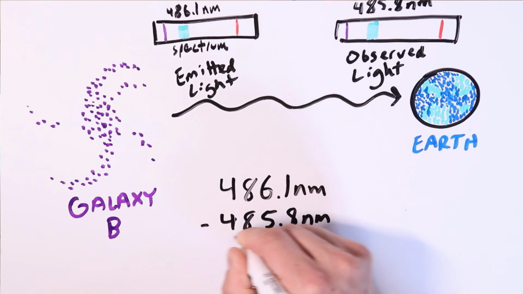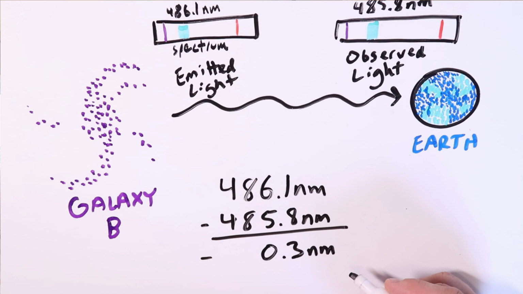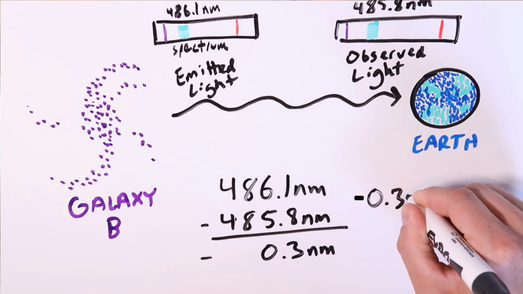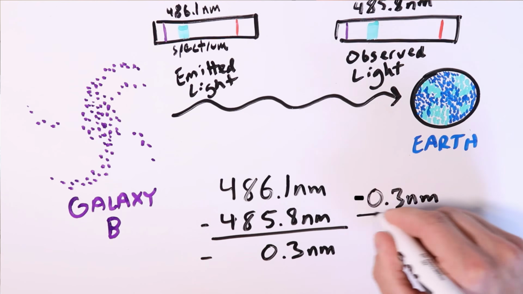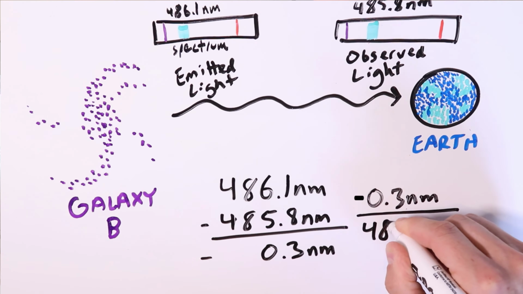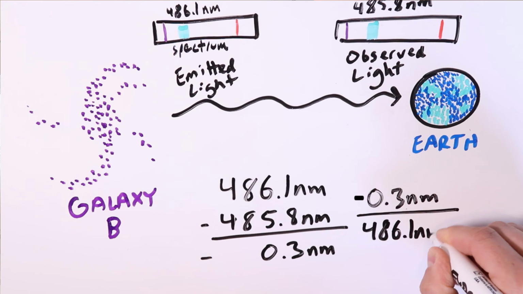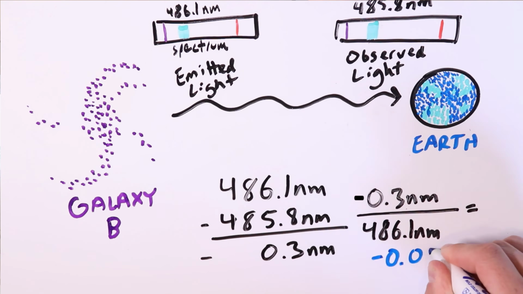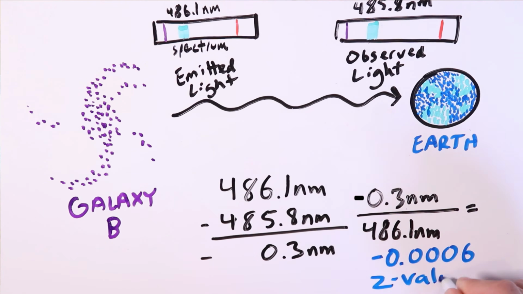This gives us a difference of negative 0.3 nanometers. If we divide 0.3 nanometers by our baseline value of 486.1 nanometers, we get the value of negative 0.0006. That's the z-value for Galaxy B.